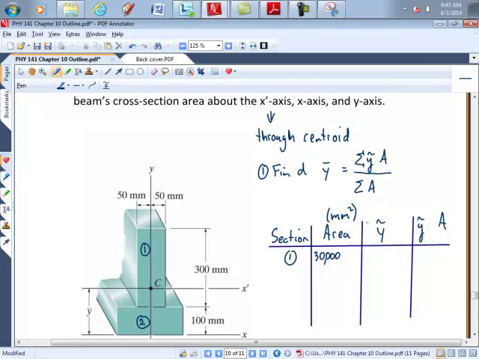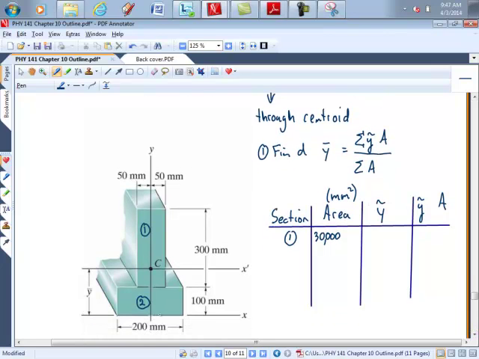What's my y tilde? Nope. Remember, the y tilde is the distance from the x-axis. So we have 100 and then half of the 300, so it's 250. And we multiply those together to get y tilde times the area. That's going to be millimeters cubed. 7.5 times 10 to the 6.